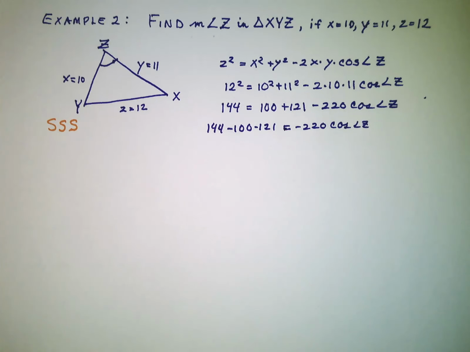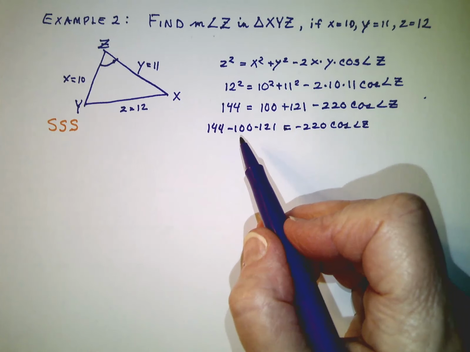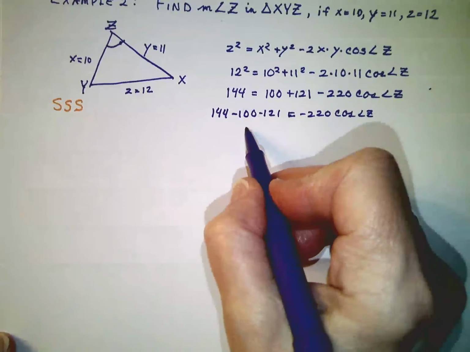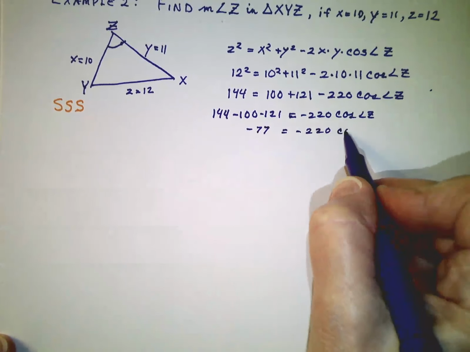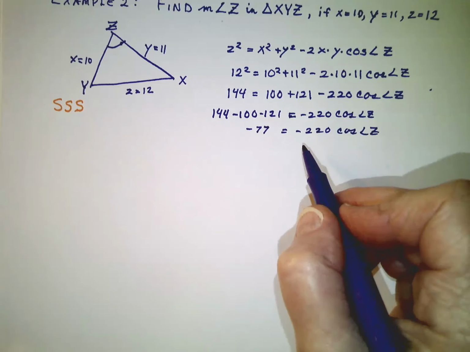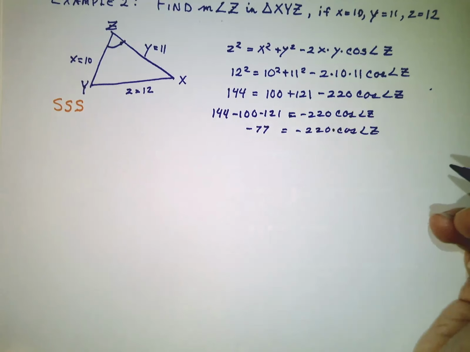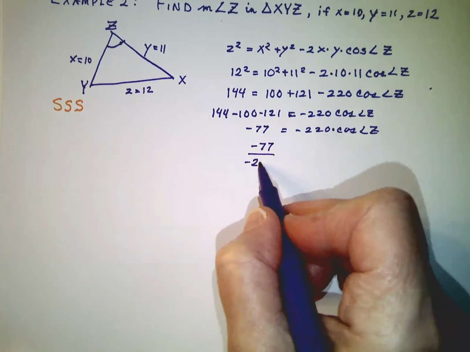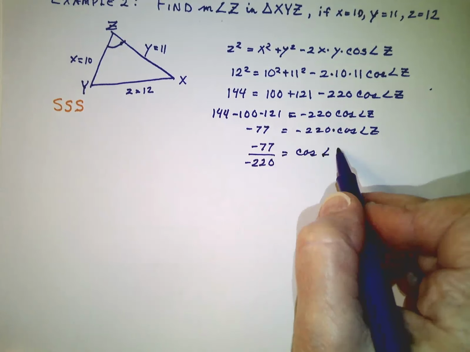But if you want your calculator to do as much thinking for you as possible, you could go ahead and do that. Oops, this side comes out to be negative 77. Do not add 220 to both sides. This is negative 220 times the cosine of angle Z. So we have negative 77 divided by negative 220 is going to tell us the cosine of angle Z.